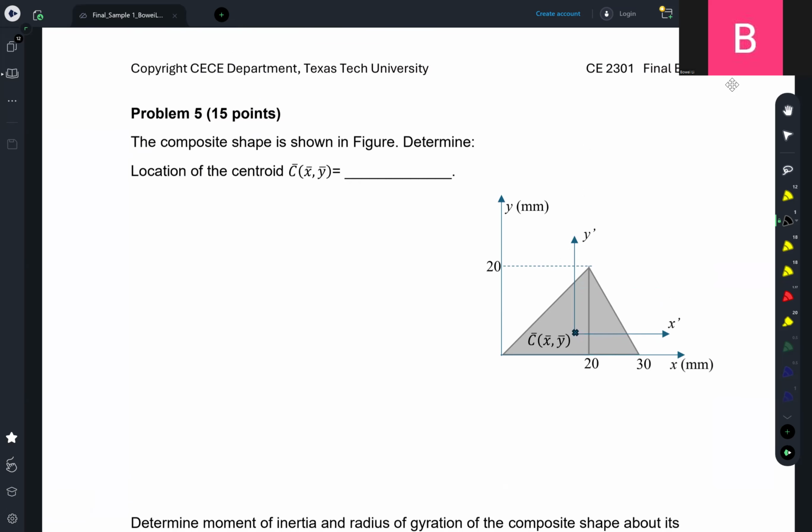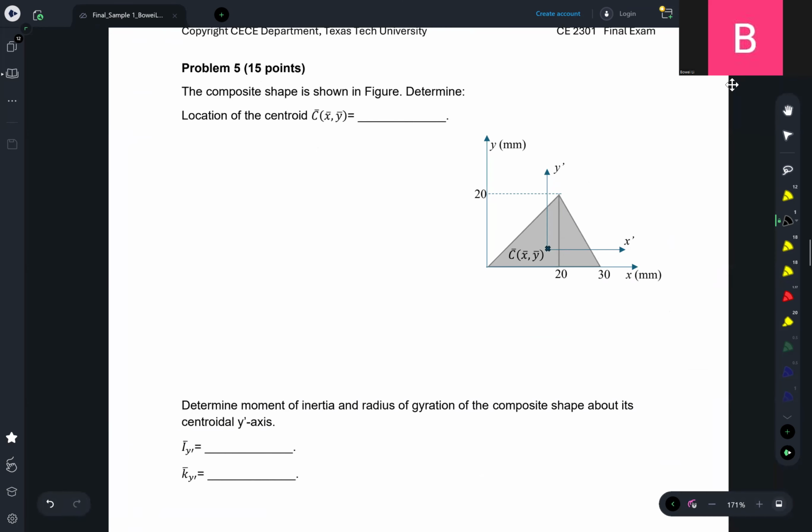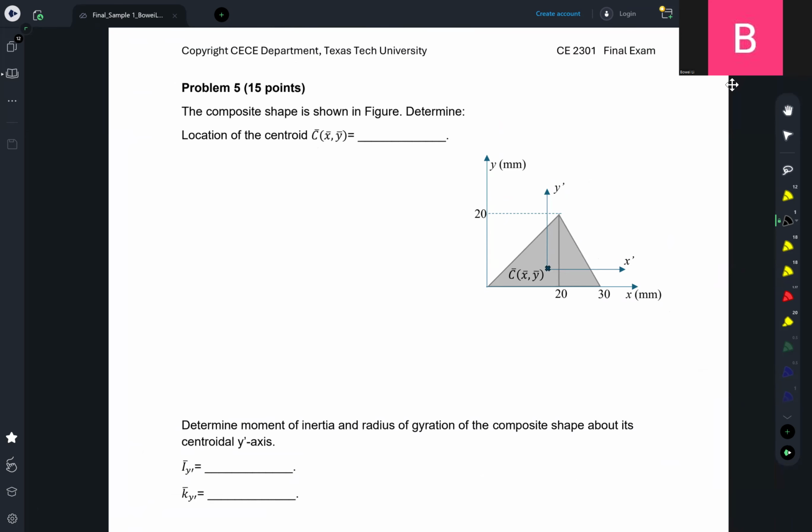Clearly the composite shape is composed of two triangles, and we are required to first find the location of the centroid, and then determine the moment of inertia and radius of gyration about the axes x prime and y prime crossing the centroid of the shape.